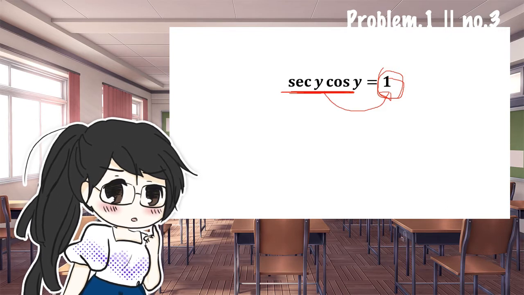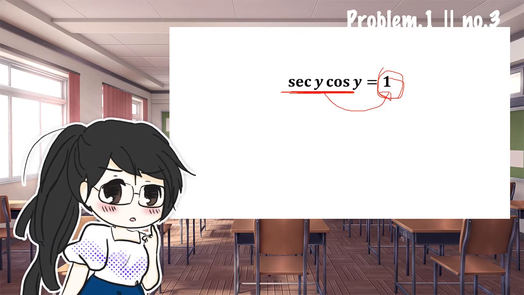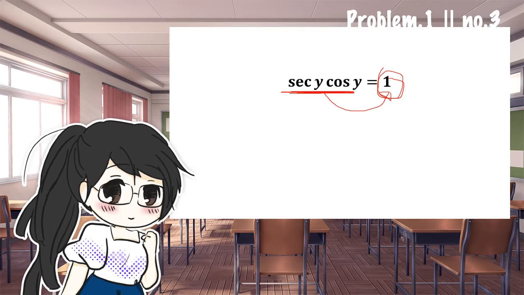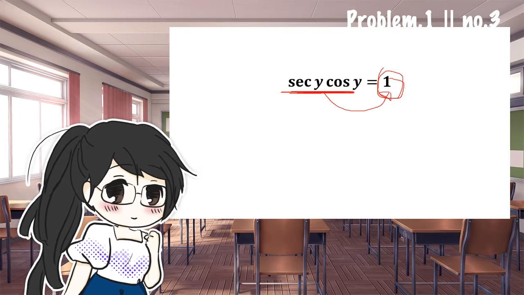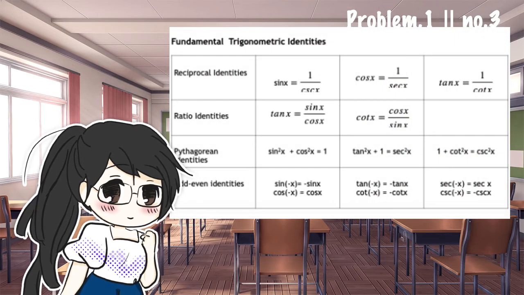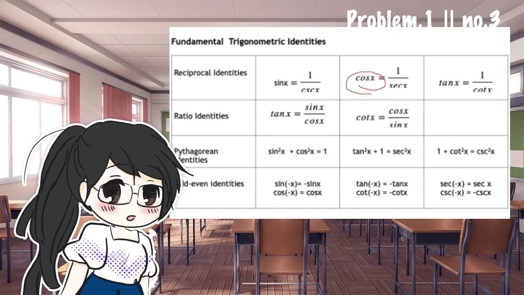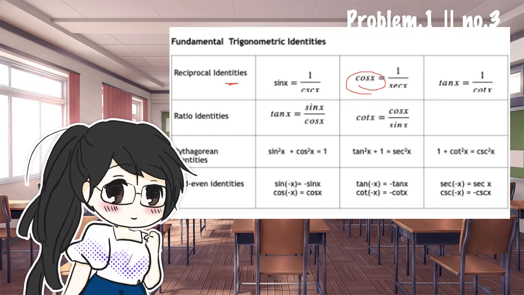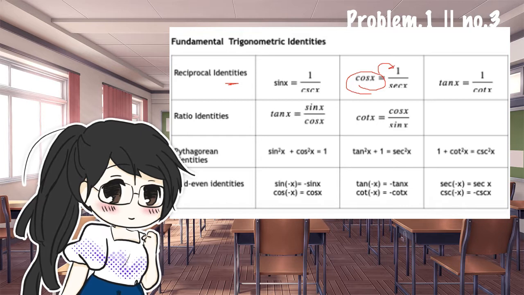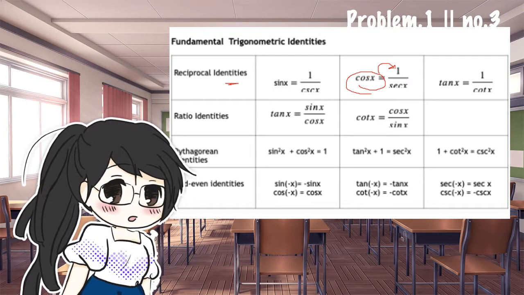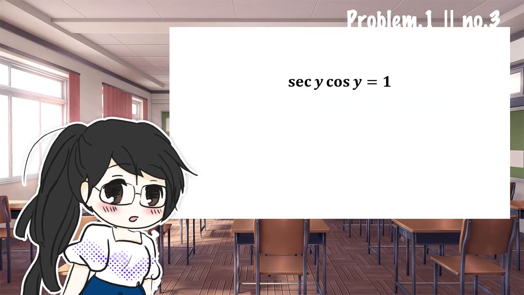So how do we manipulate secant y multiplied by cosine y to get 1? Let's check our table from earlier. From the reciprocal identities, cosine is equal to 1 over secant x. With that in mind, let's go back to this problem.